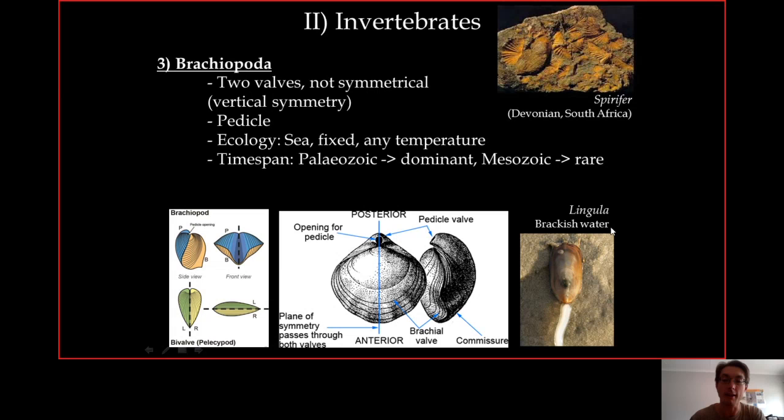So usually estuaries or lagoons or stuff like that. So lingula is very interesting in terms of ecology, and it's one of the few surviving brachiopods today. But in the Paleozoic, and particularly in the Devonian, they were very, very abundant.